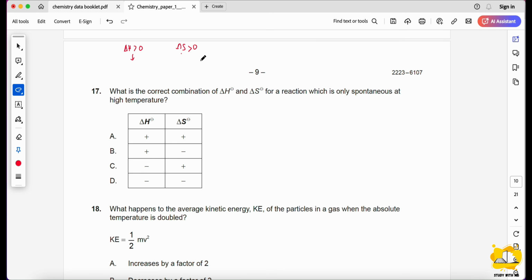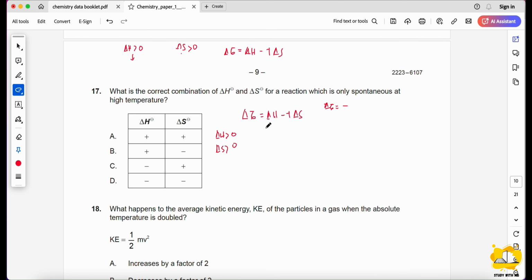So if we plug it into the formula, delta G is delta H minus T delta S. If delta H is bigger than 0 and delta S is also bigger than 0, for the reaction to be spontaneous, delta G should be negative.